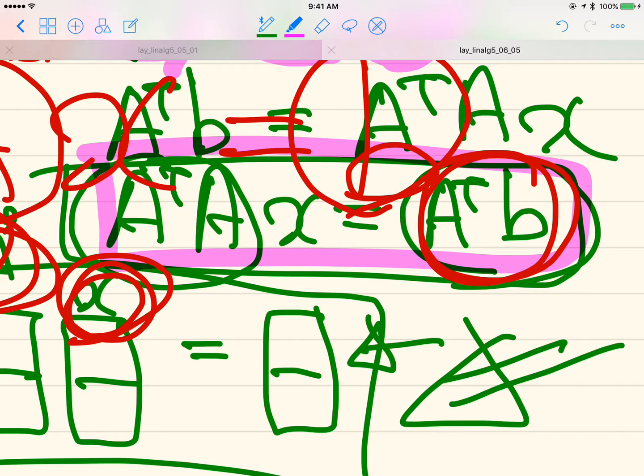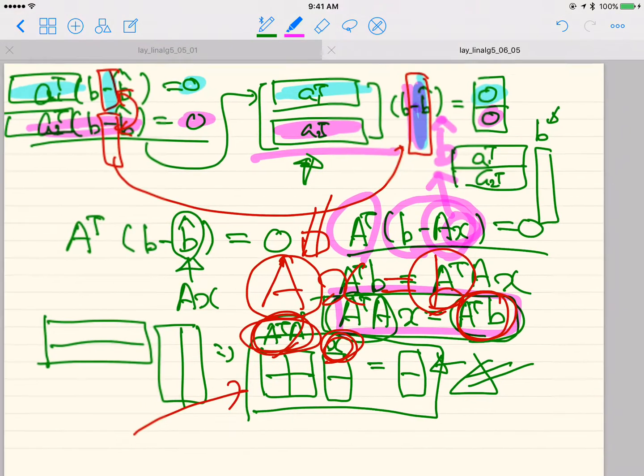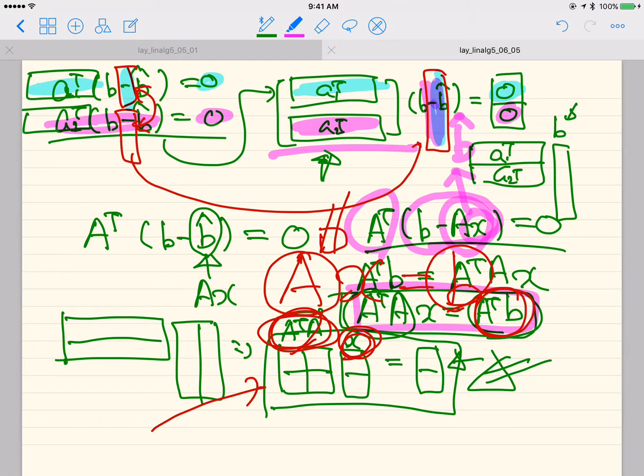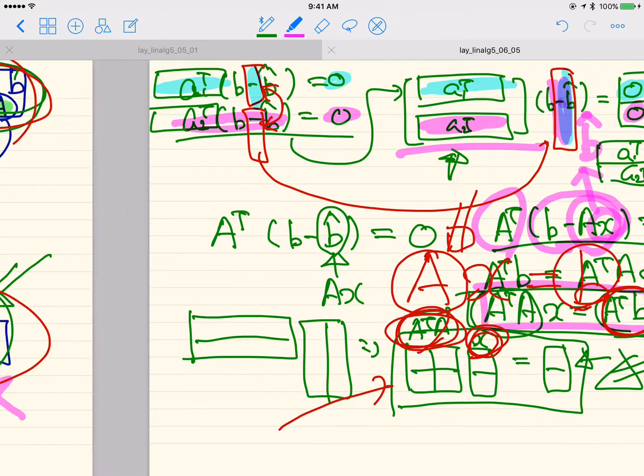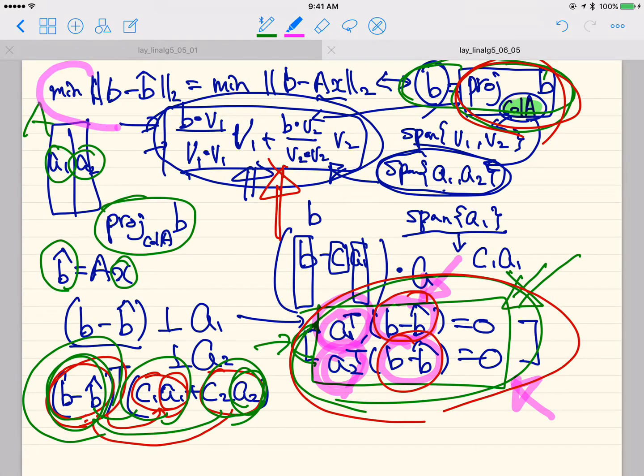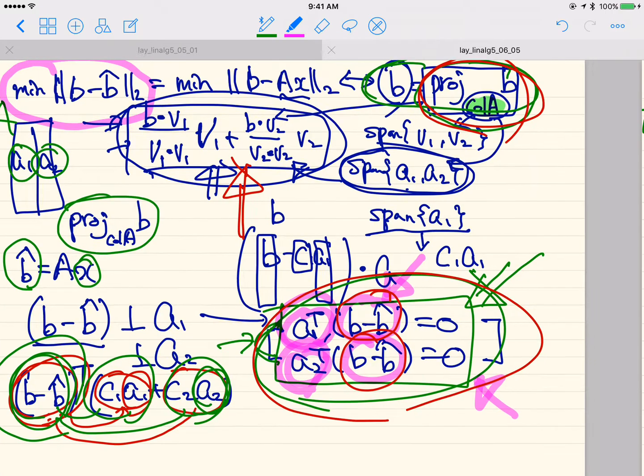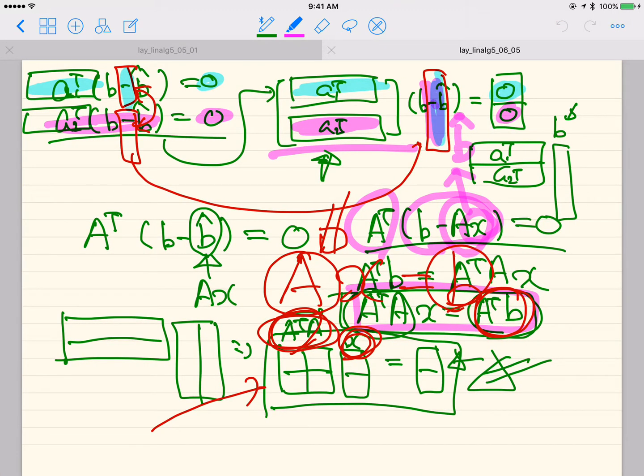And from the minimization problem, we now obtain this linear system. The solutions of these two different problems, where the first one is a minimization problem and the other is just a linear system, the solution sets are exactly the same.